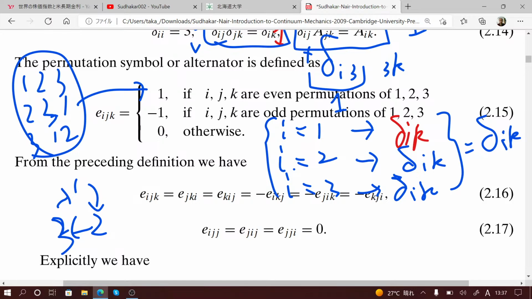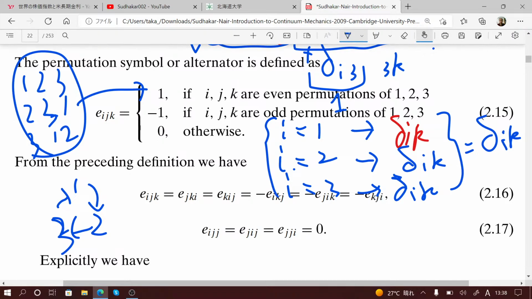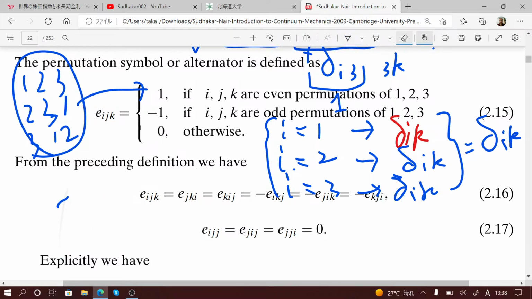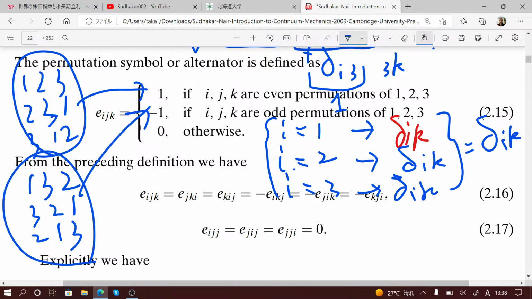If ijk are an odd permutation of 1, 2, 3, for example 1 3 2, 3 2 1, 2 1 3, these are minus 1. Otherwise 0.